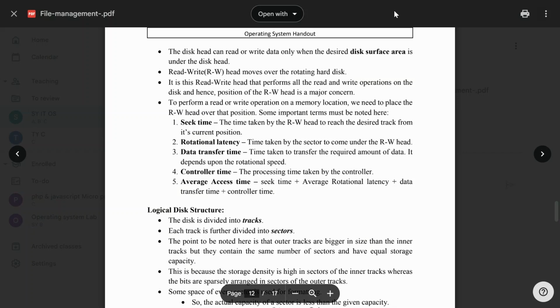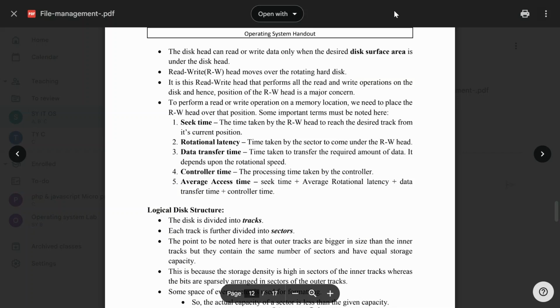In this way they perform the read and write operations. The read write head, that is the RW head, moves over the rotating hard disk. It performs all the read and write operations on the disk, and hence the position of the RW head is a major concern.